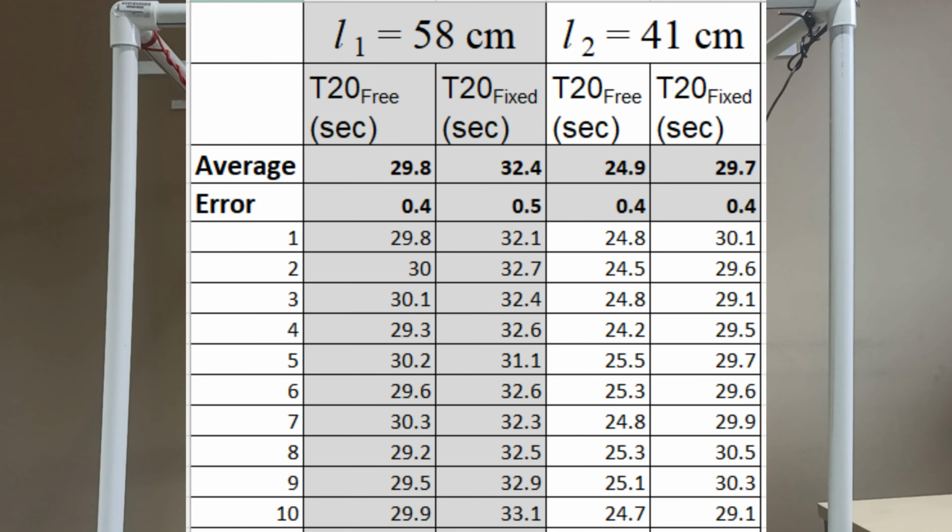In this case, we see that the average turns out to be 29.7 seconds with an error of plus minus 0.4 seconds, and this is larger than the time which we noted down for the free case.